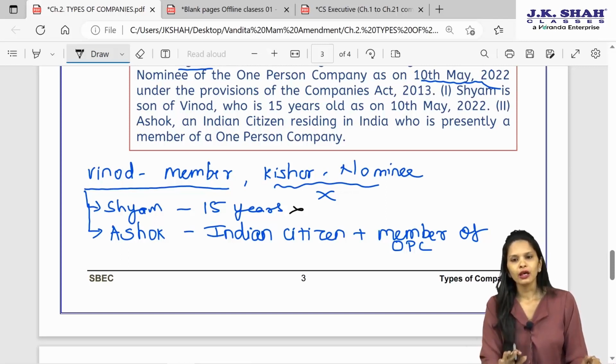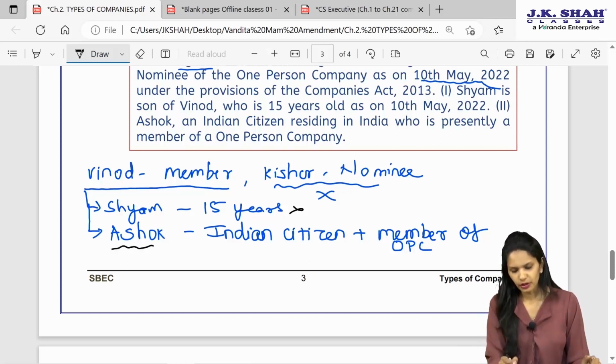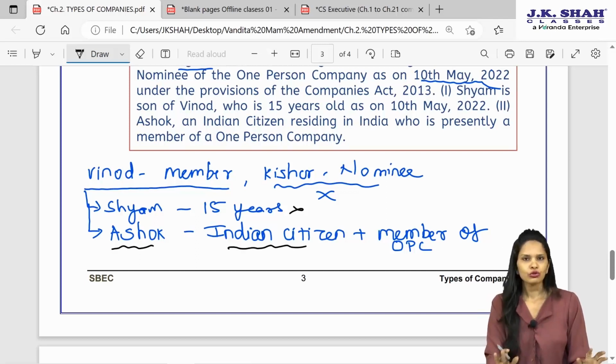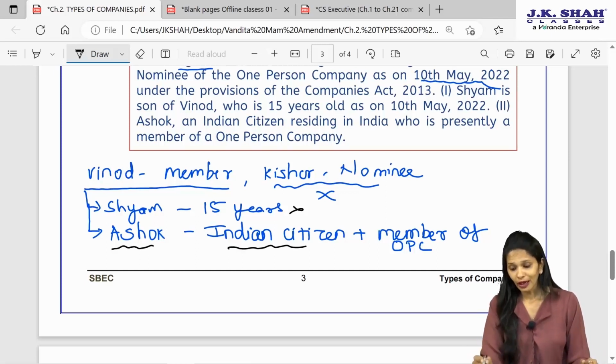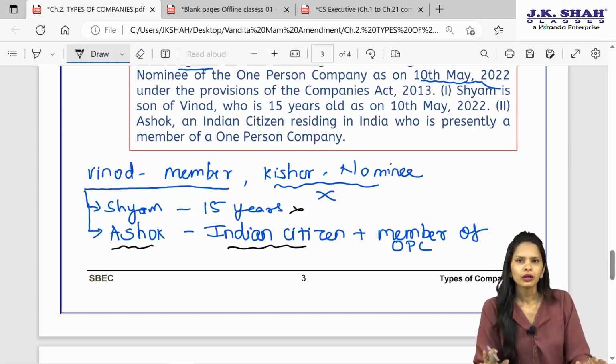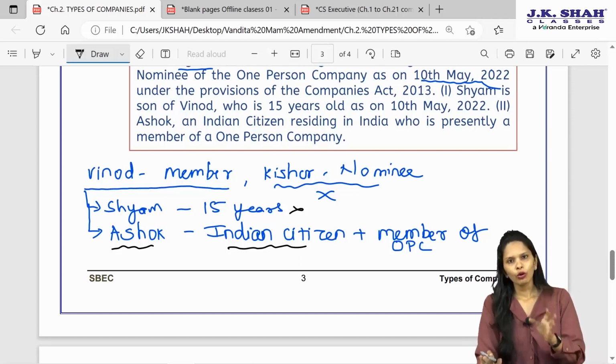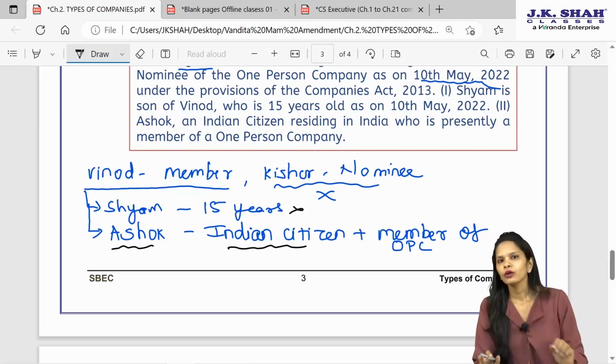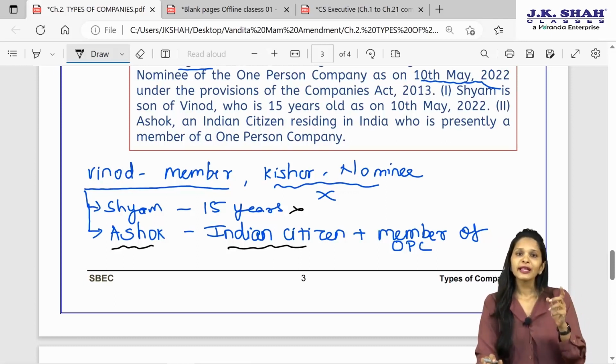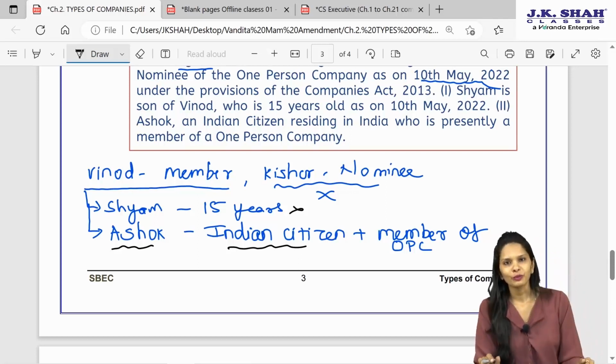So, now Ashok. Can Ashok become the nominee? Let us recollect the rules again. Natural person and Indian citizen. So, he is a natural person and an Indian citizen also. So far everything is fine. But now he is a member of another OPC. Students, always remember, a person cannot be a member of more than one OPC. But a person can be a member and a nominee of two different OPCs.